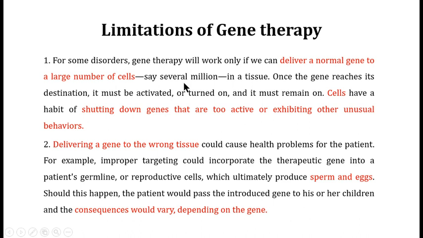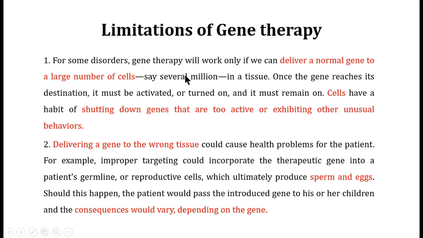If you are introducing that into a very large number of cells, of course, these genes, when they reach their destination, are going to be activated, turned on, and they are going to remain on inside the cells. Now, cells have a habit of shutting down genes that are too active or exhibiting other unusual behaviors.